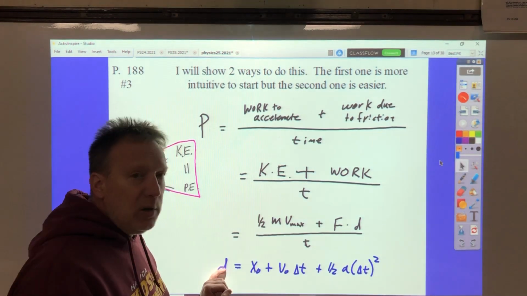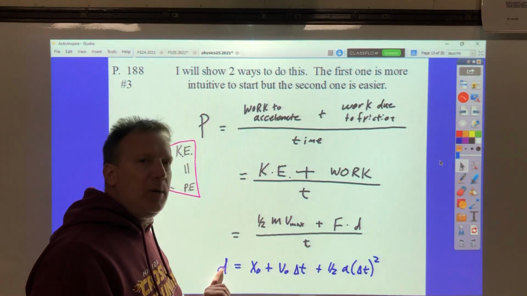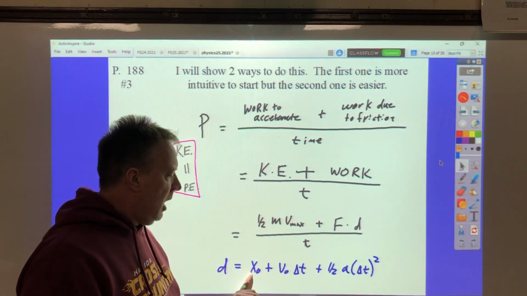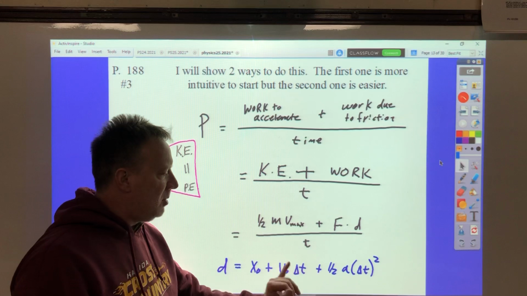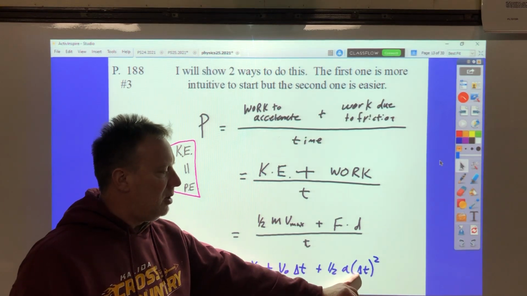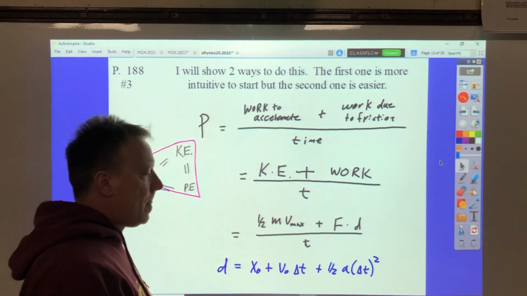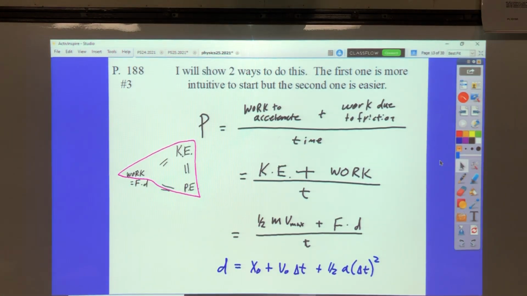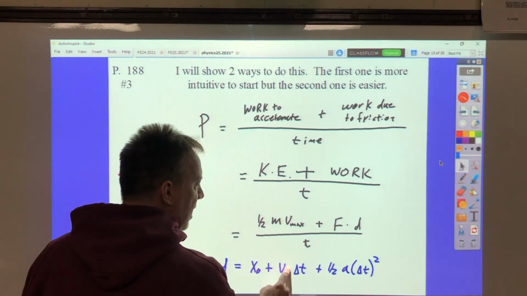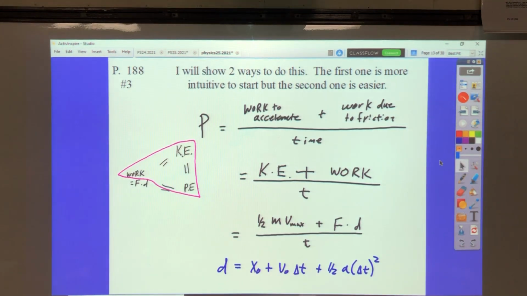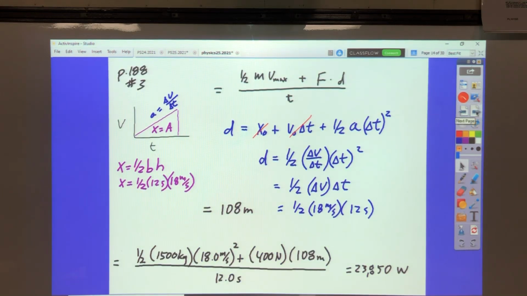It's x final, we're just going to call it d this time, but it's the same thing. x sub 0 plus v sub 0 times delta t plus 1/2 acceleration times delta t squared. Put that in there. Well, if we're starting from rest, we don't have x sub 0 and we don't have an initial velocity, so it's going to get a little bit easier. And we don't have a.